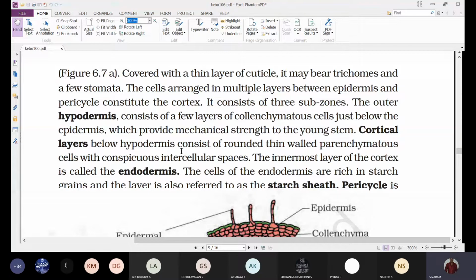Trichomes are multicellular outgrowths on the stem. And a few stomata.